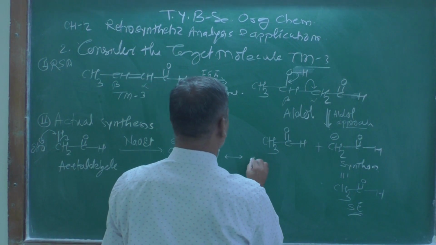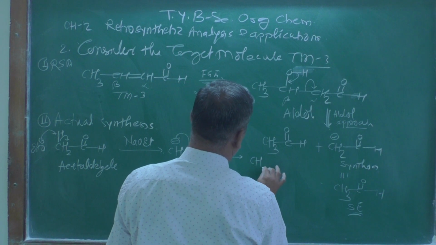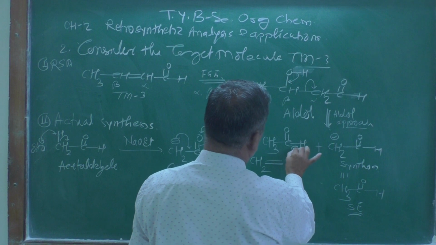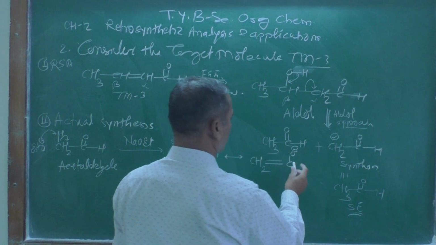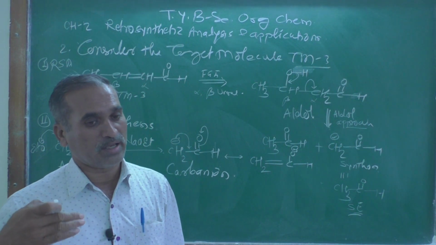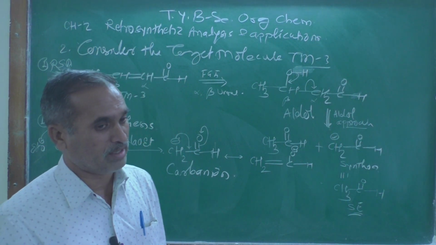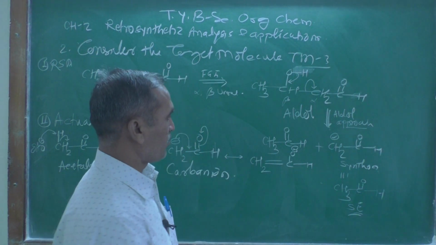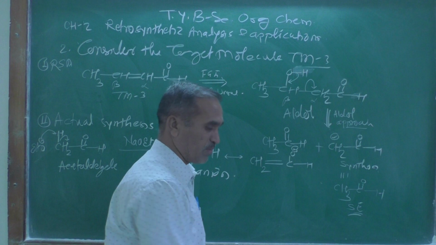That is why this carbanion gets stabilized, CH2 double bond CO minus, and when that negative charge comes on the more electronegative element, that species is more stable, and therefore this species has a special name.